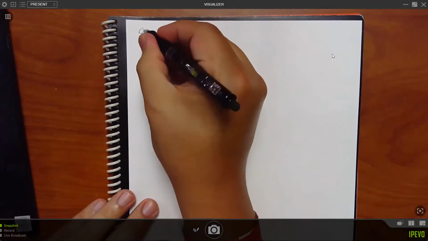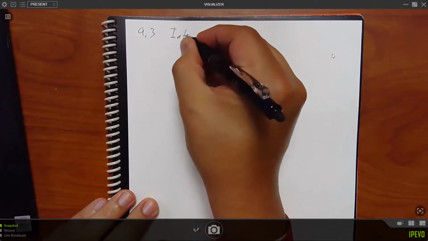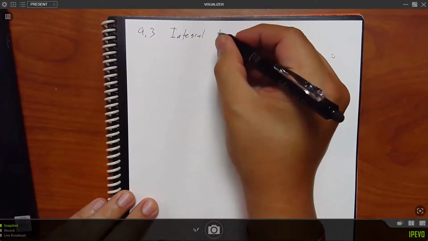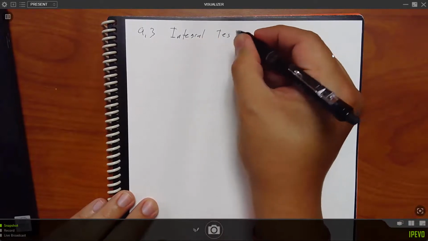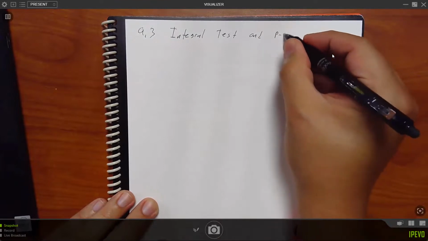So 9.3 is the next test. This is the test that you don't want to use unless you have no other choice, because it requires an integral. Integral test and p-series test.